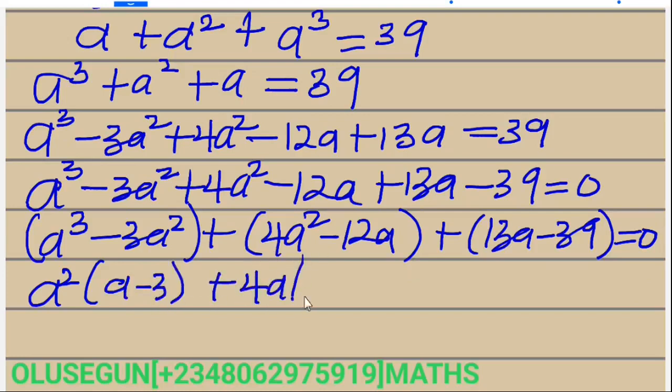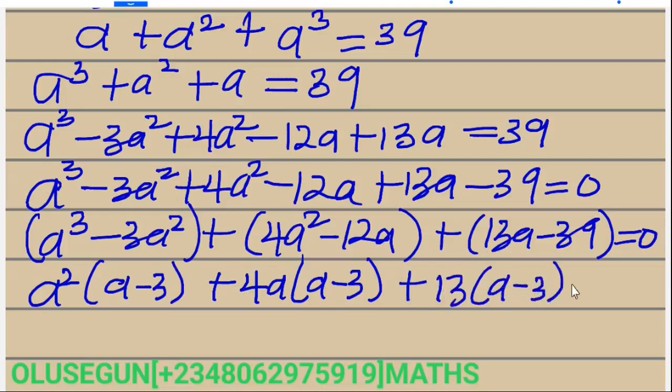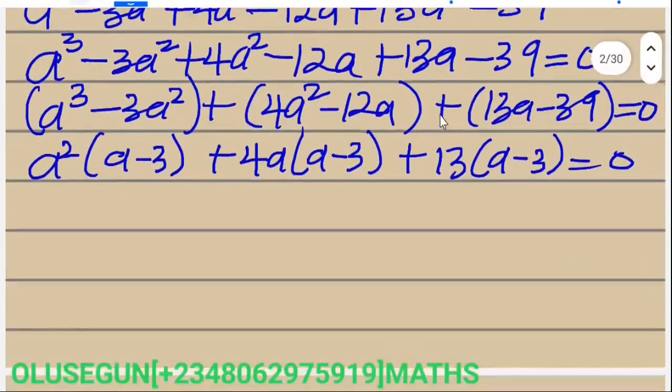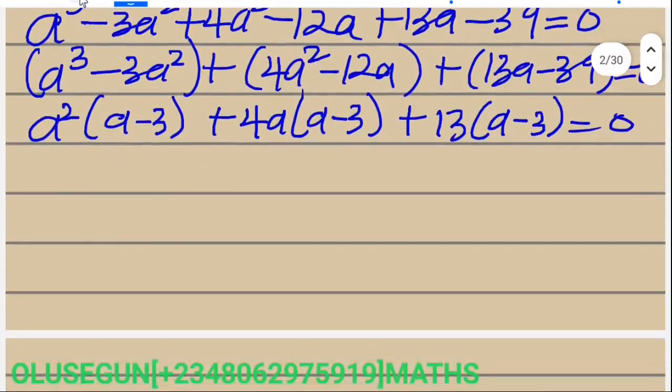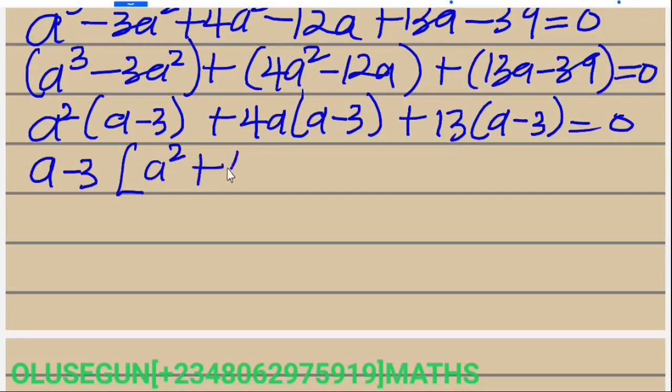A is common here. We have a minus 3 plus 13 is common. We have a minus 3 is equal to 0. But a minus 3 is common. We have a minus 3 is common around a squared plus 4a plus 13 is equal to 0.